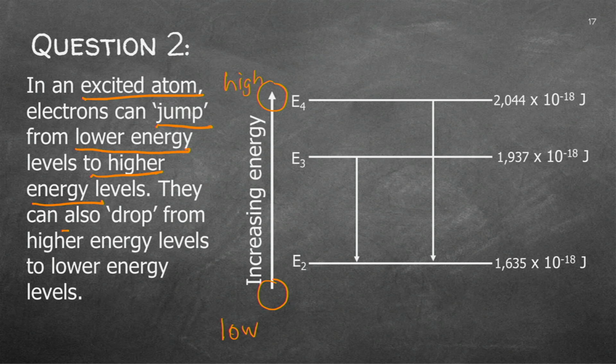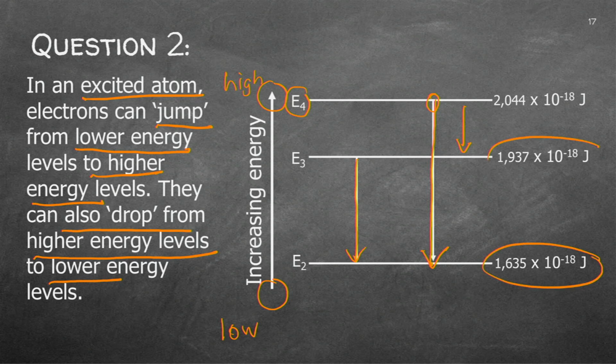They also drop from higher energy levels to the lower. And you can see here, it can drop from energy level 4 to 3. In this case, it went from 4 to 2 and another one from 3 to 2. And interesting in this question, they actually give you the energy level. They tell you exactly what the value of the level is.